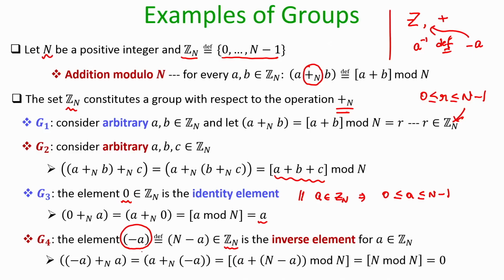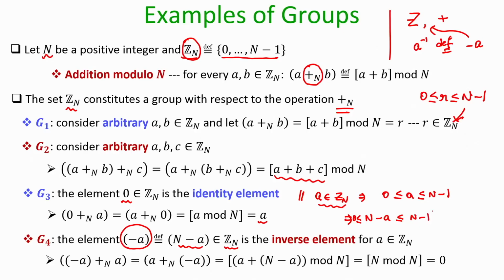So, the minus a in the context of the set of integers modulo n will be defined to be n minus a, and it is easy to see that n minus a is again an element of Z n, because if a belongs to Z n, that means a is in the range 0 to n minus 1, which automatically implies that n minus a is also within the range 0 to n minus 1.